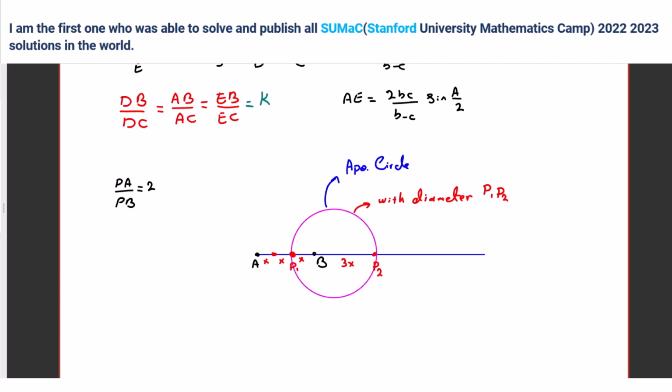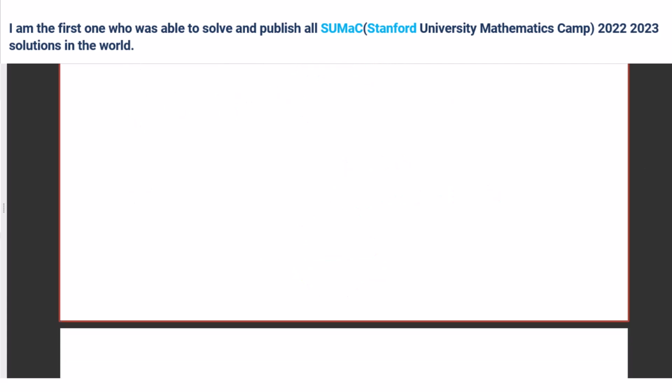So let me tell you, if we have this, it is A, B, C, D, E, F. AE is what?